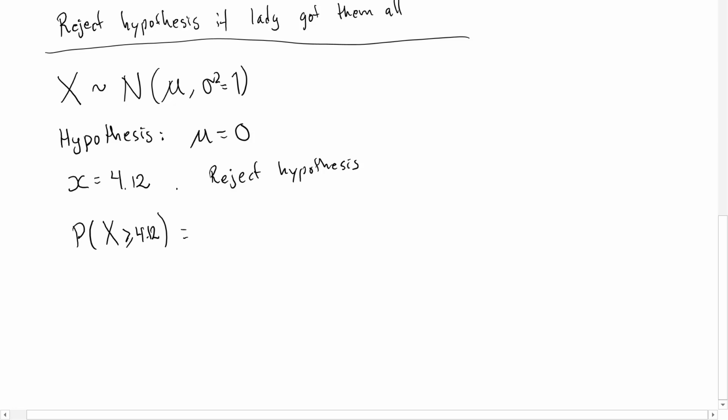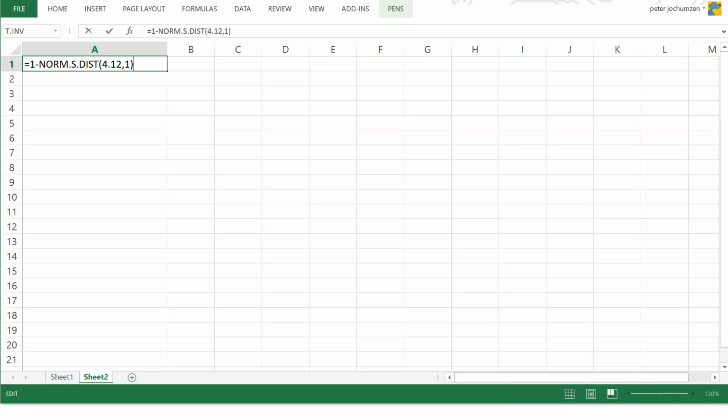If you calculate that, which we can do, for example, in Excel, as 1 minus the cumulative CDF, NORM.S.DIST(4.12, 1), that will give us this probability. We see that it's 0.000019 something. So it is possible to get a number which is that large. It's just incredibly unlikely.